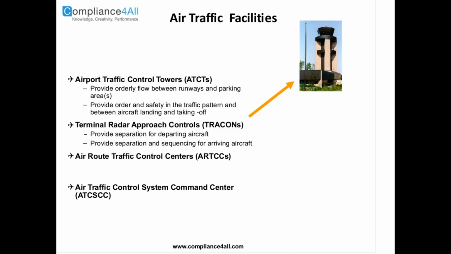With technology nowadays, it doesn't really matter where they are. They used to be right there beneath the tower cab, but as you could handle more data, they moved them off the airport, and now they could be almost anywhere. What these facilities do is provide the separation and sequencing services at or about or near the major airport, or airports.